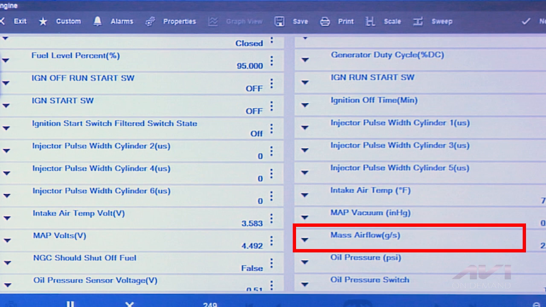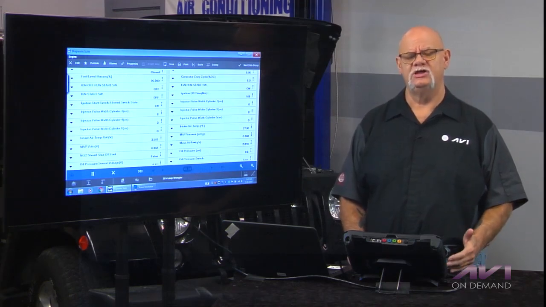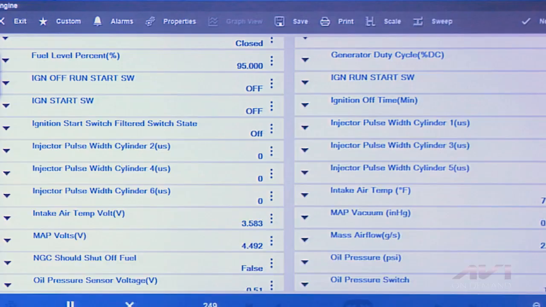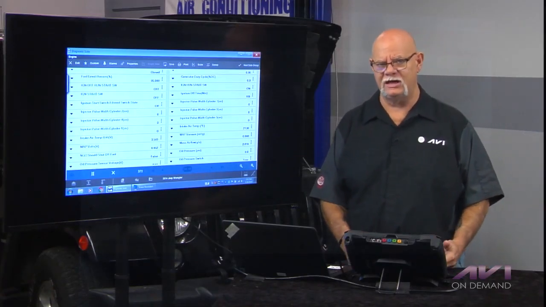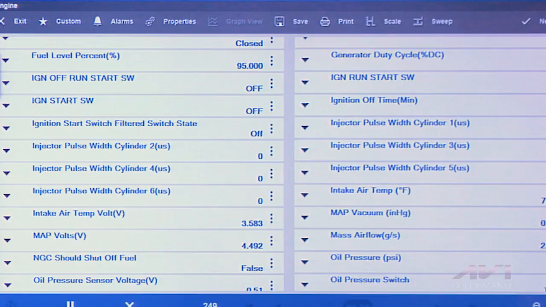Chrysler's your speed density. They measure airflow by knowing the engine size, the manifold pressure, the RPM, the throttle angle, and intake air temperature. So all of that is calculated in it, but you should see the overall mass airflow rate change, and you should see map sensor, whether you're looking at it in the raw voltage or you're looking at it in inches of mercury.